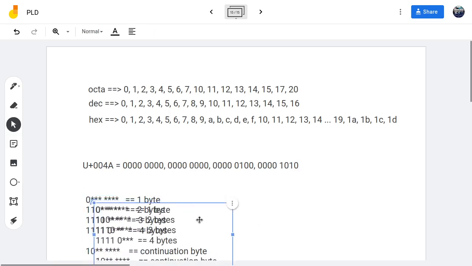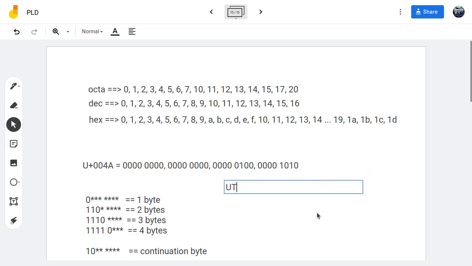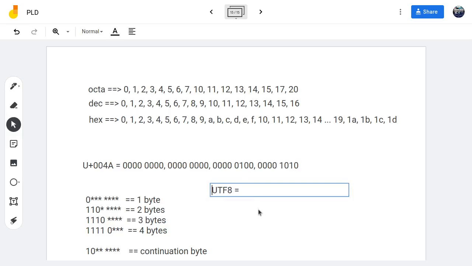I'm going to duplicate this and say UTF-8 of this code. So let me make it clearer. Say U plus, this is Unicode, right? Unicode point 004A in UTF-8 is this.